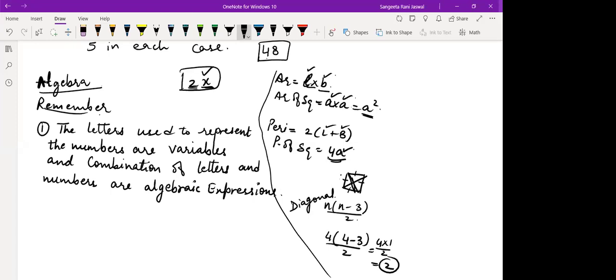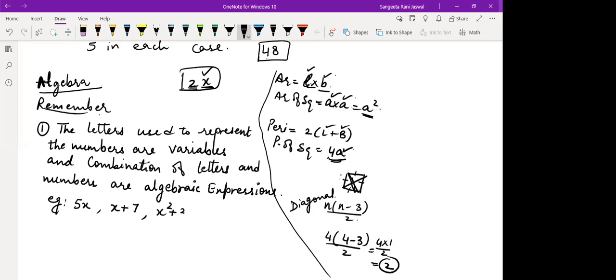Okay, so 2 into L plus B is an algebraic expression. 4a is an algebraic expression. Okay, so for example, suppose you were finding out 5x. This is an algebraic expression. Suppose if you have something like x plus 7. So that is again a type of algebraic expression. Okay, like this.